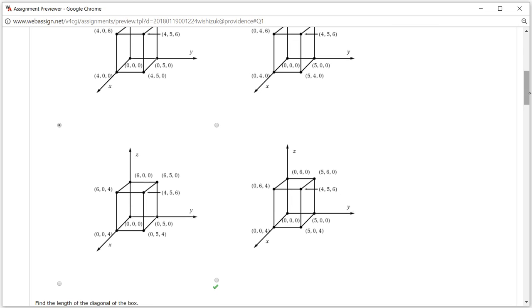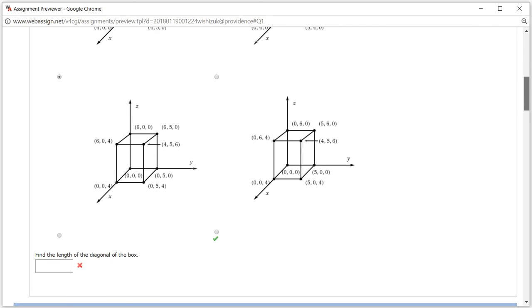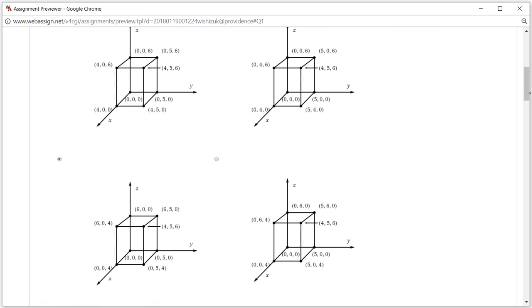All right, so we want to find the length of the diagonal, which is just the distance between the origin and (4, 5, 6). Let's try to find that. The distance between the origin and (4, 5, 6) would be the square root of (4 minus 0) squared plus, you don't have to really put the minus 0, (5 minus 0) squared plus (6 minus 0) squared, using the distance formula there.